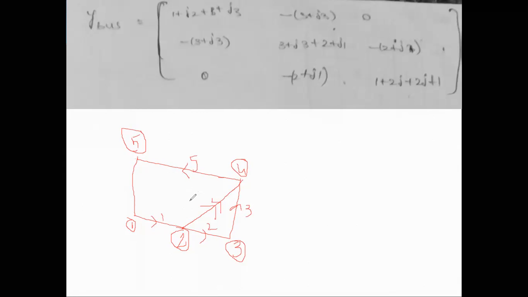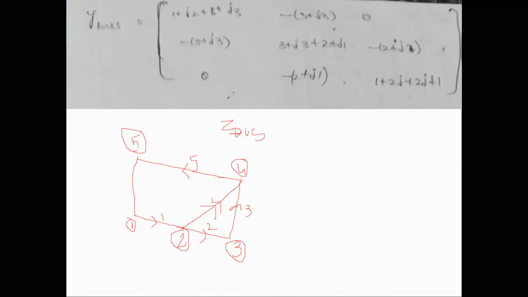By using this single line diagram, we build the Z-bus matrix. Before forming the Z-bus matrix, we observe which type of element is added.